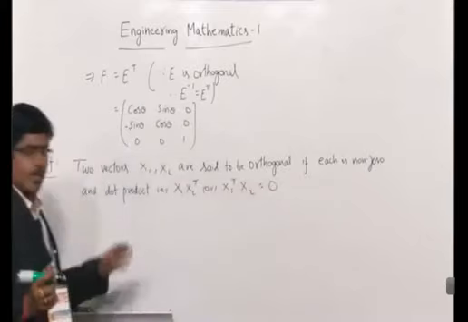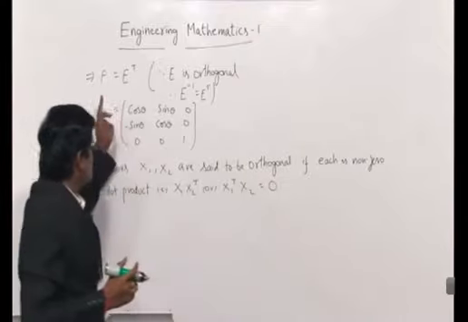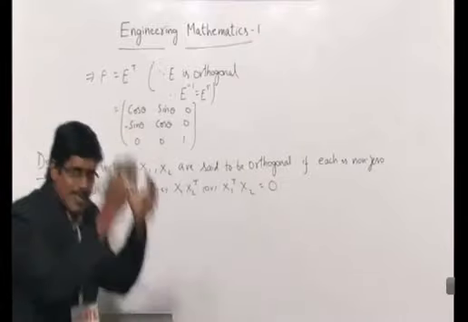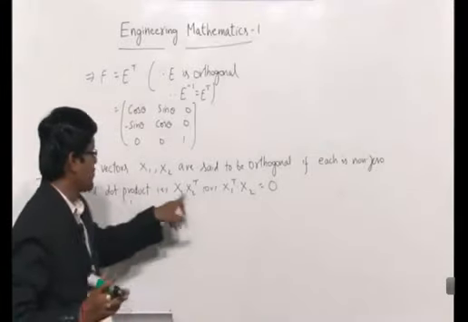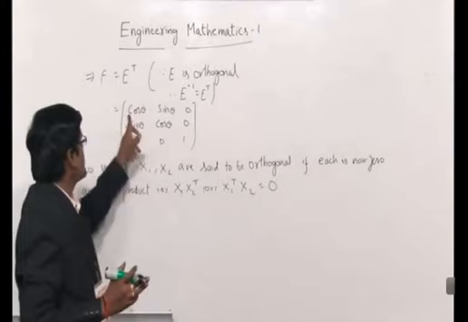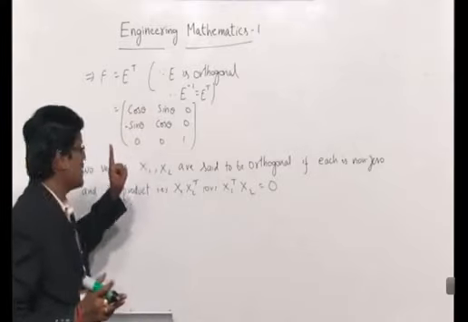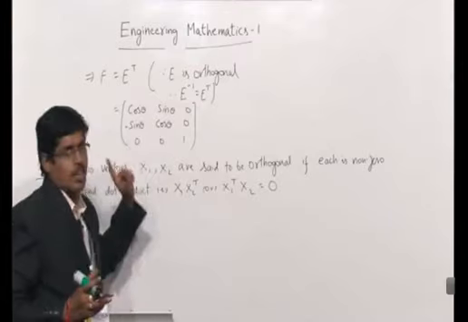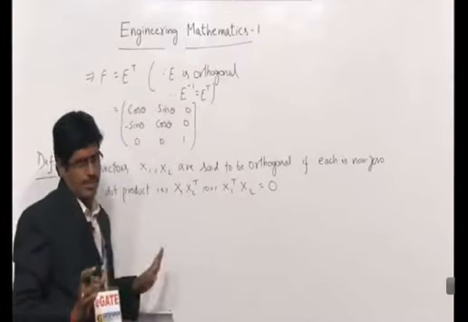So dot product, you know how to find it: corresponding elements are multiplied. For example, see this one, first column, second column. I am considering two vectors. How to multiply the dot product? That is x1 into x2 transpose, correspondingly multiplied and then added: cos theta into sin theta, plus minus sin theta into cos theta, which cancel, plus 0 into 0. So these two columns are orthogonal.